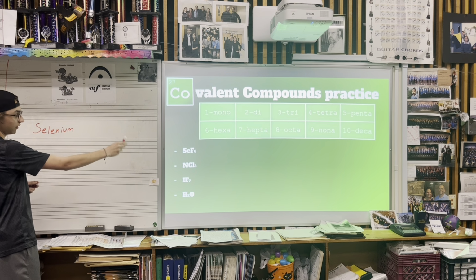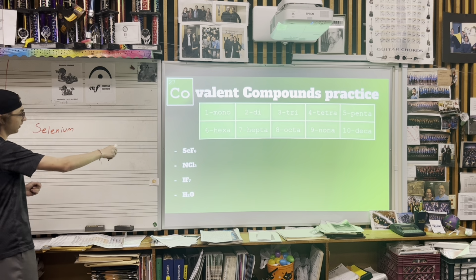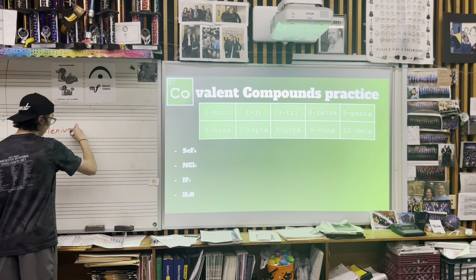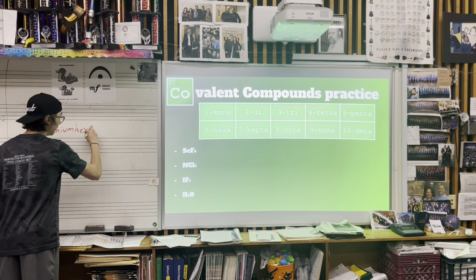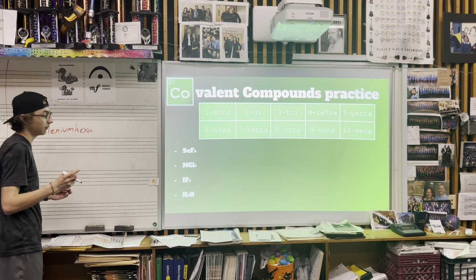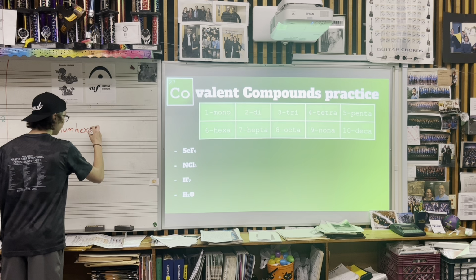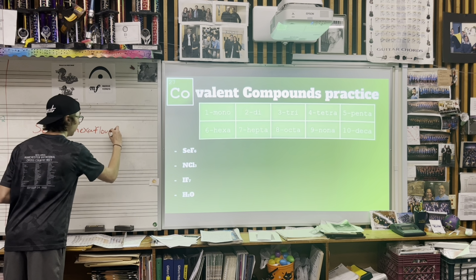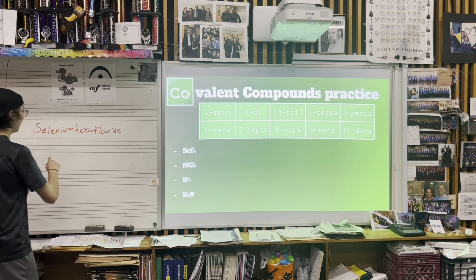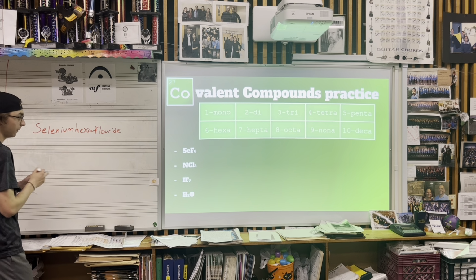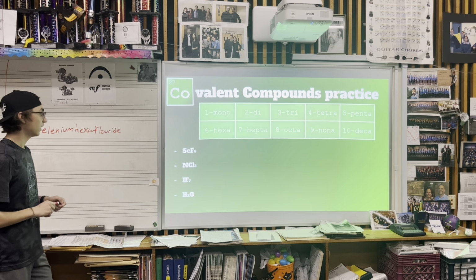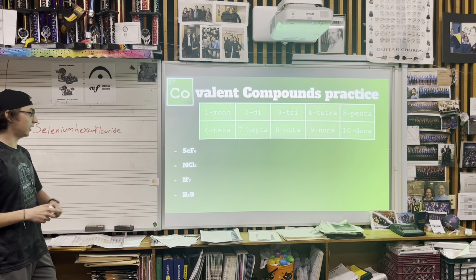But because the fluorine is not first, we do want to add the hexa for the 6. So hexa. And then it's also important to replace the "-ine" with "-ide", making it selenium hexafluoride.